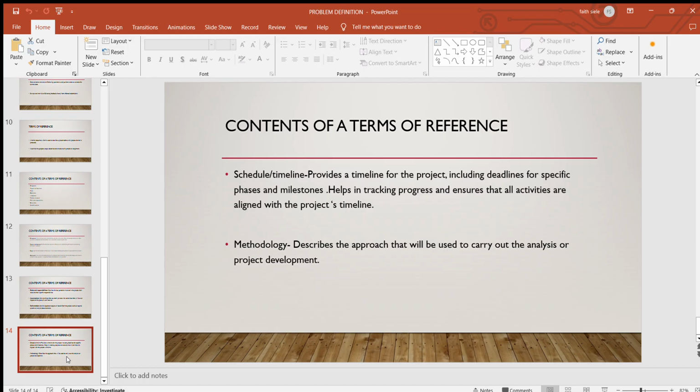And in topic 5, we are going to look at feasibility study. I'll end there for now, and then we're going to look at feasibility study as chapter 5.